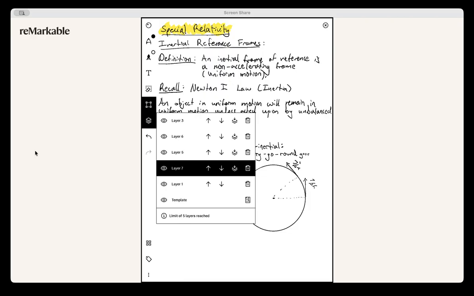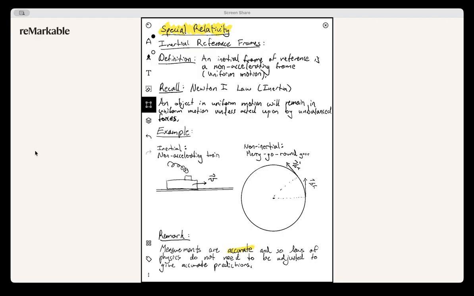So what we can infer from this is that the laws of physics do not need to be adjusted to give accurate predictions in the case of transforming from one inertial reference frame to another inertial reference frame.